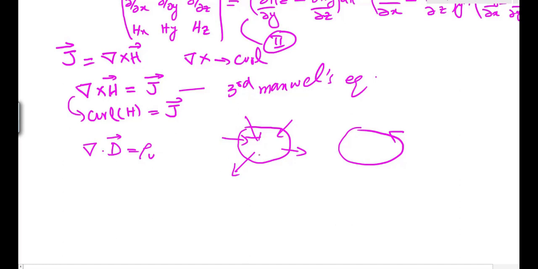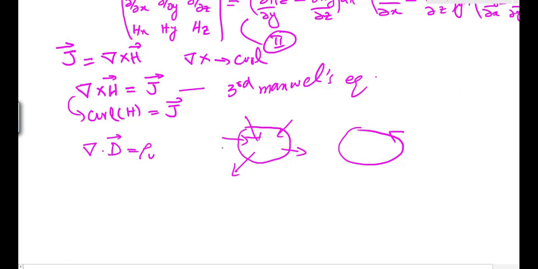It means it is acting as a sink. If the number of flux lines going out is more than the number going in, we say that the divergence is positive, or there is a charge inside, or we have a source inside.